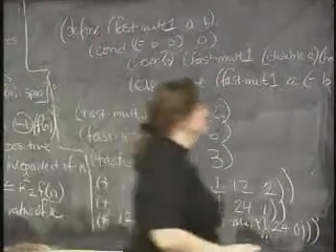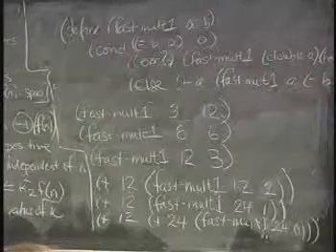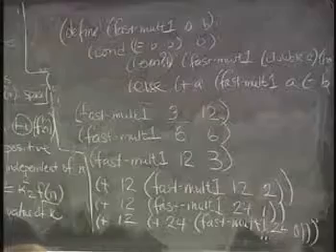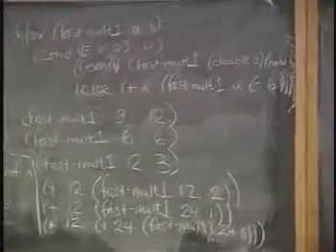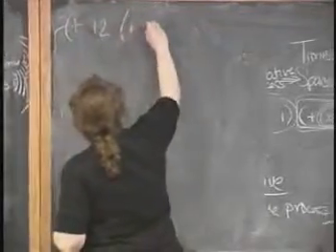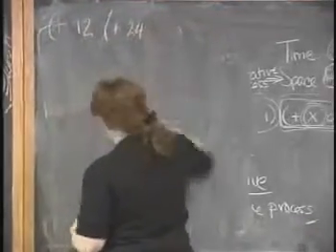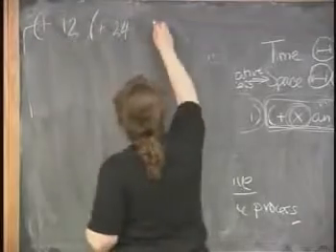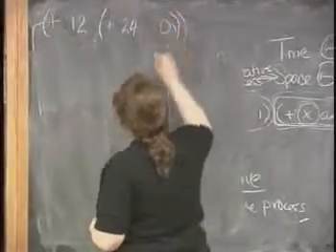Space. So now we have plus 12 plus 24. B is now 0. Return 0.